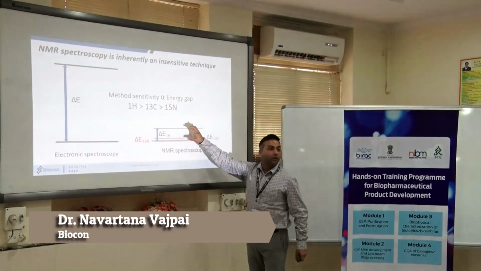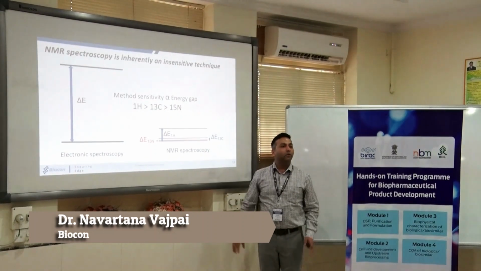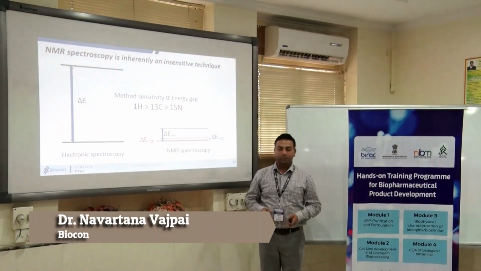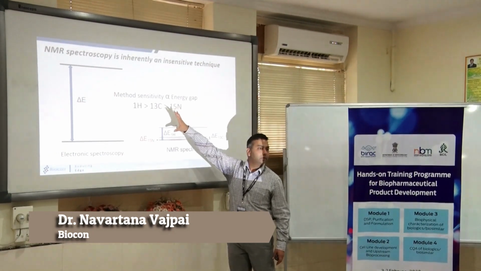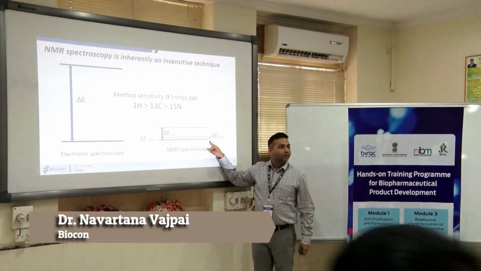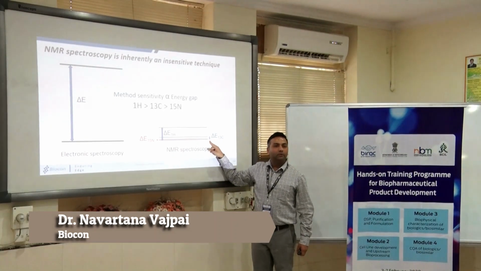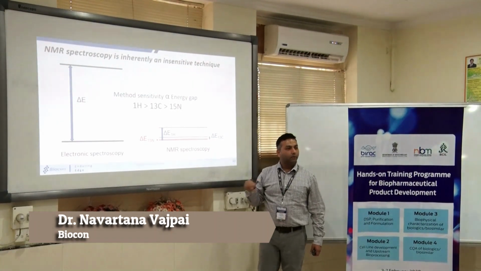This is proton. Proton is the hydrogen atom, and it is the most sensitive nucleus in NMR spectroscopy. You see the distance is so small compared to electronic spectroscopy. But what about other nuclei? Even lower. 13C is almost 4 times lower in terms of this band gap, and 15N is even lower.